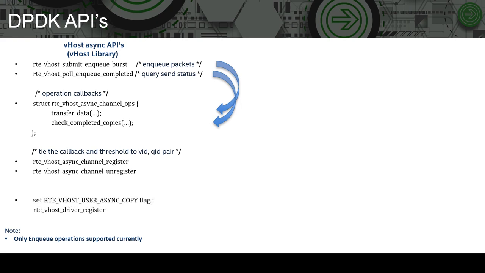Now, these callbacks can be bound to a VID-QID pair using channel register and unregister APIs. And of course, we must set the vHost-user async copy flag to enable the async capability for the vHost device during driver register. As you might have noticed, there is only an enqueue API available at the moment and no dequeue API. This is yet to be implemented.